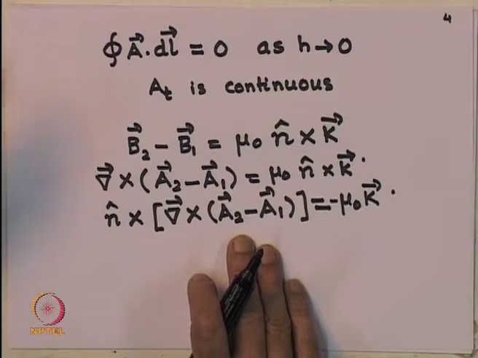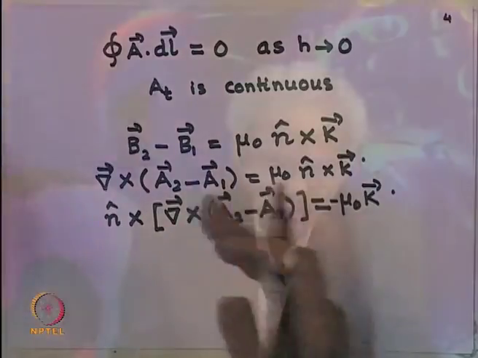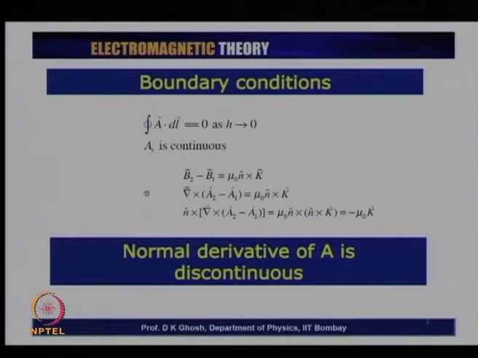When we expand this out, you will find that the derivative with respect to n, very similar to the derivatives with respect to x, y, z, will turn out to have a discontinuity. So, what we say is that the normal derivative of A has a discontinuity. Remember that for the vector potential A, both the normal component and the tangential components are continuous.